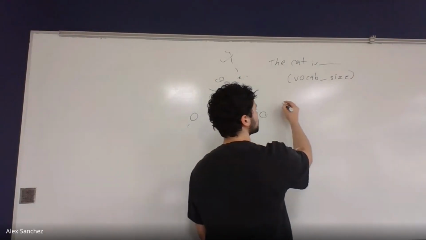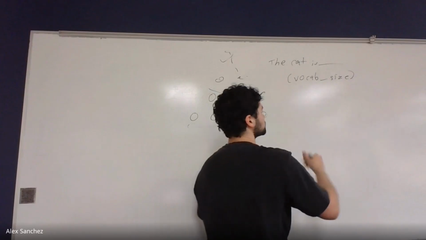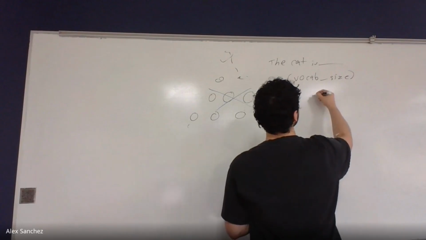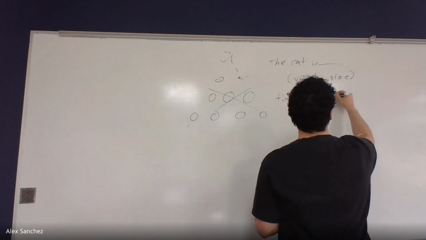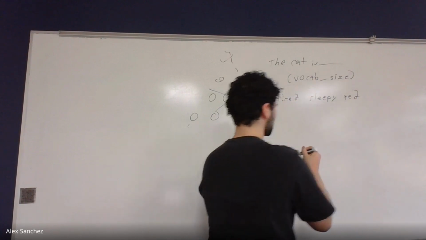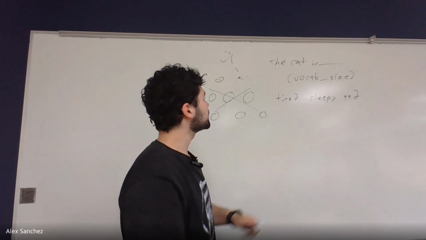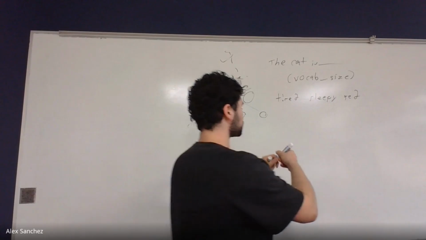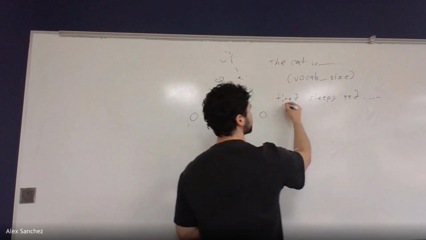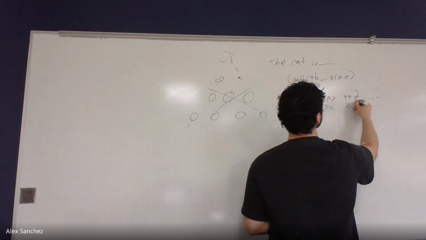So our output is a probability distribution of the size of our vocabulary, the vocabulary being the possible next tokens. The options could be tired, sleepy, red, different words. I say words, but always think about tokens; for simplicity, the cat is whatever, and our vocabulary is the whole vocabulary. We have a probability distribution: a 9% chance that it's tired, a 10% chance that it's this, and a 20% chance that it's red.